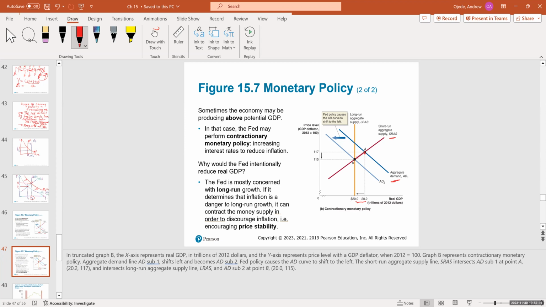To close that inflationary gap, the Federal Reserve needs to slow down the economy. They need to pursue what we call a contractionary monetary policy, which is the opposite of what I just described. In this case, the Fed would instead lower the money supply and raise interest rates. If they raise interest rates, then aggregate demand is going to shift to the left and we move the economy back to point B, so that we close the inflationary gap.